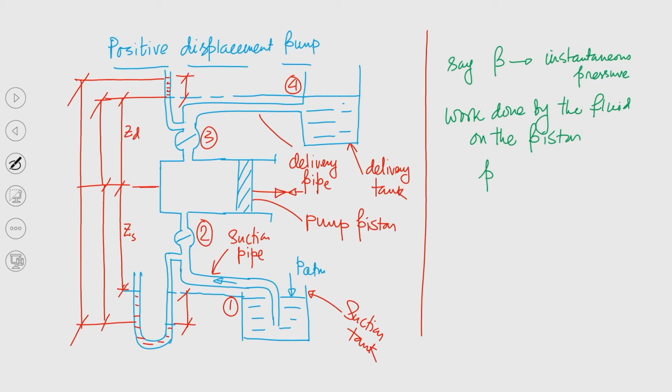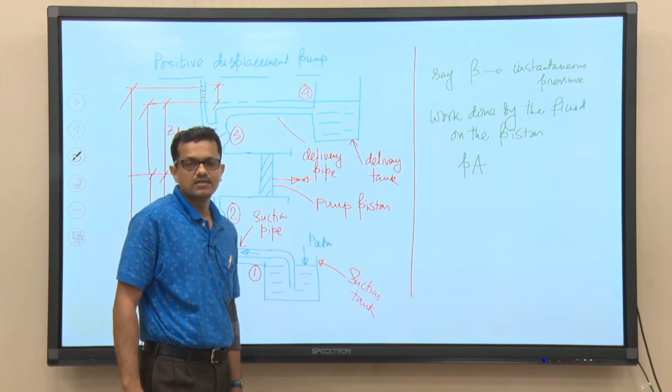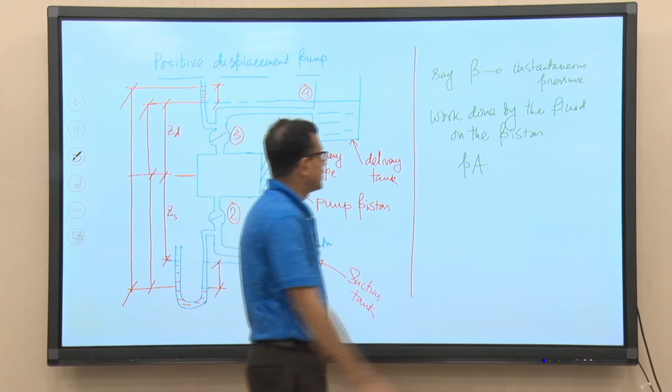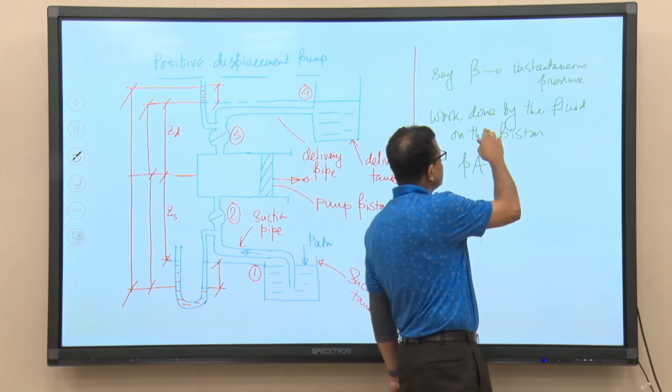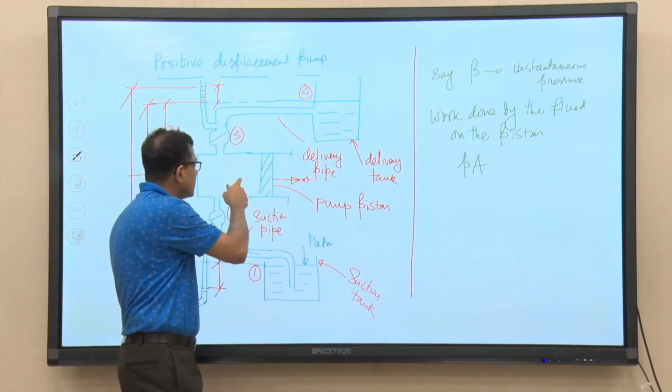P into area, that is the force that we have studied. It is again not the thermodynamic work. Thermodynamic work is work done against the resistive forces, but here something else, work is done by the fluid on the piston.